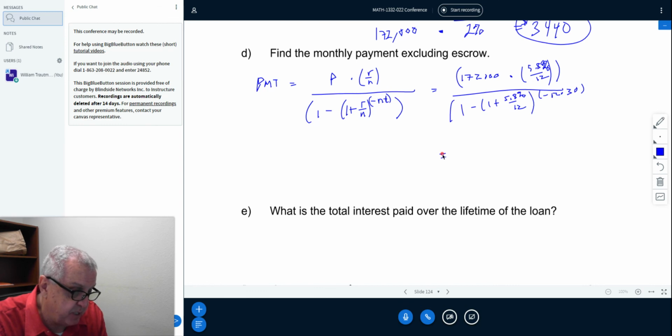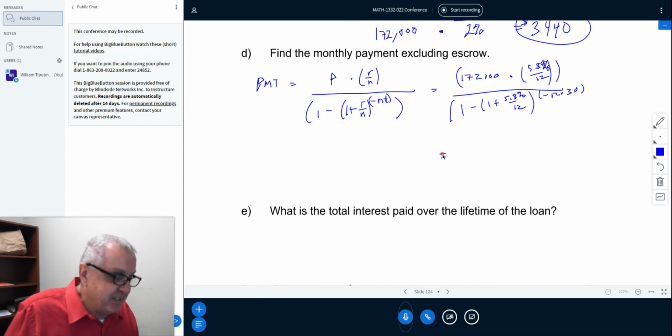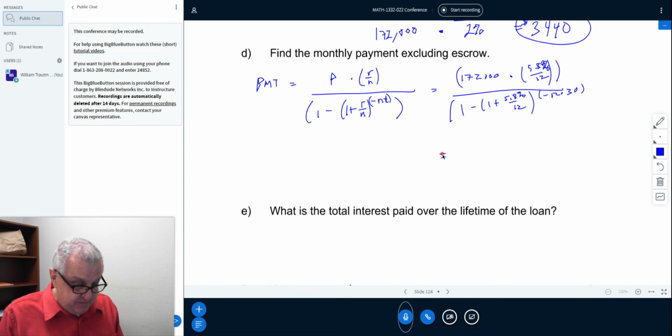Raise it to the power. Oh, lordy. Negative. That's not right. Raise it to the power of negative 12 times 30. Close parentheses. Arrow over, hit enter. I get an error. Okay, I'm going to try one more time.